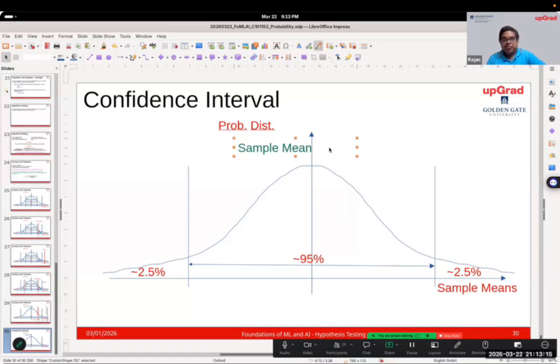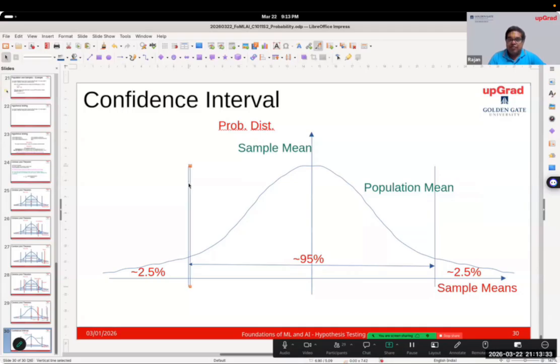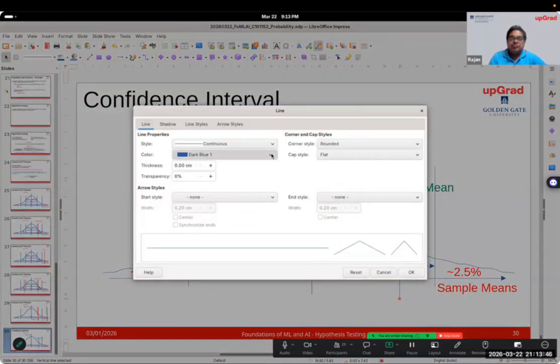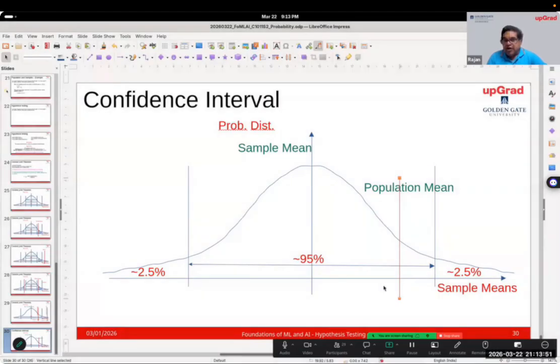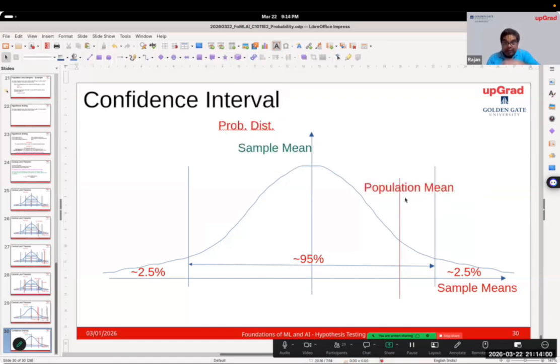Now, if my population mean is somewhere here, let me also change the color so that it's all okay. If my population mean is somewhere here, then my population mean lies within two standard errors from the sample mean. Within this region, my population mean lies.